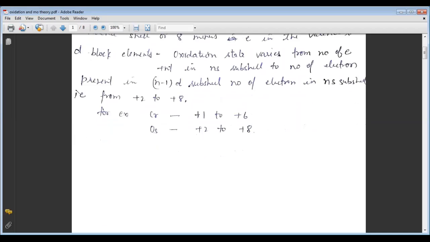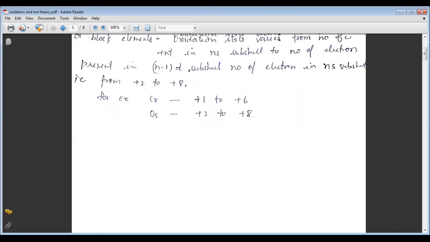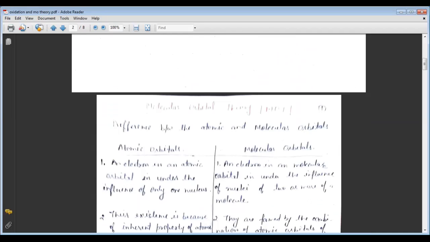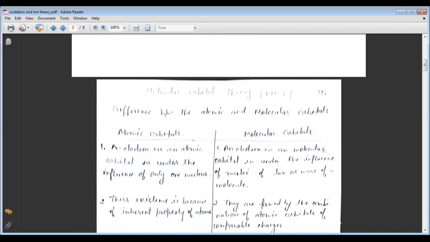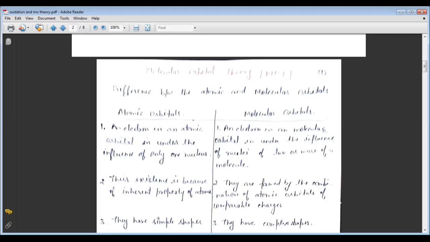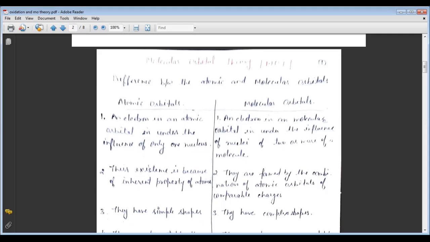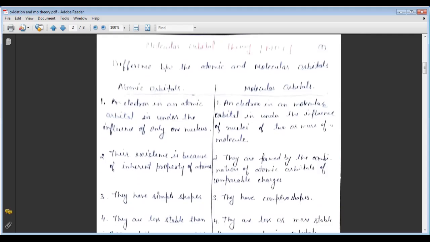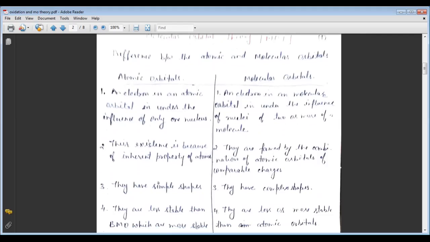Now I come to the next topic, which is related to atomic structure, another part of our first unit. Here, firstly, we are going to discuss the molecular orbital theory, or MO theory, denoted by MOT.